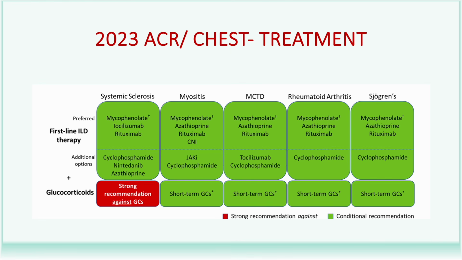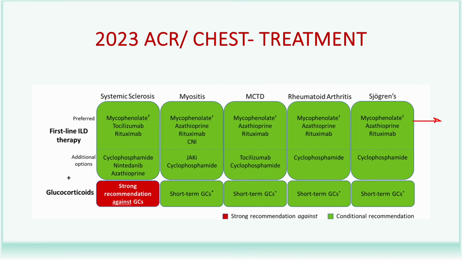This was the one which gave us a strong recommendation against glucocorticoids and only allowed short term glucocorticoids in all other CTDs except systemic sclerosis, where you have to try and avoid them because of the risk of scleroderma renal crisis. But as you see here, there was always a preference of mycophenolate as the first choice.